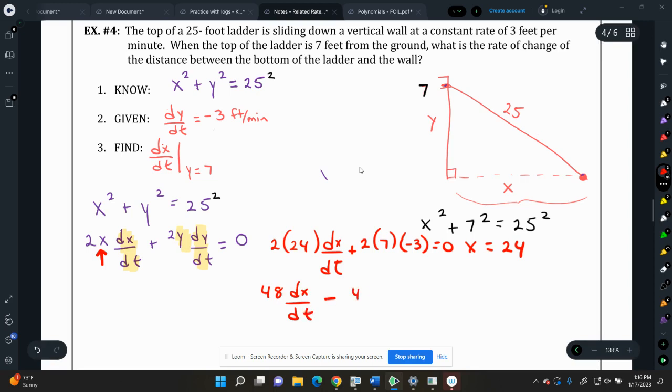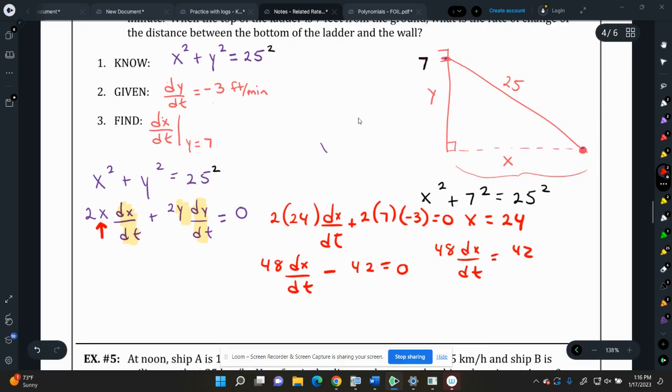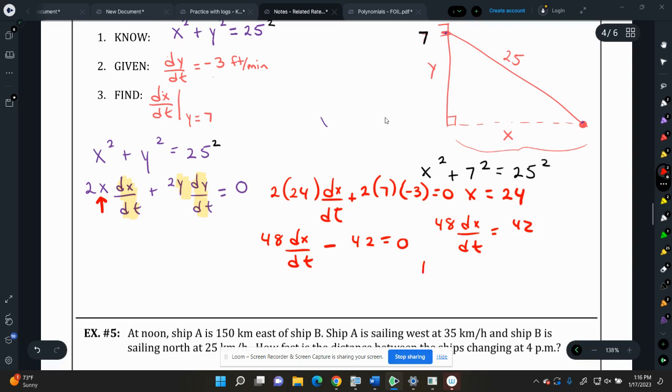So we get 48 dx/dt minus 42 equals 0, so 48 dx/dt equals 42. Dividing by 48, 42 over 48, which is going to be 7 over 8 feet per minute.